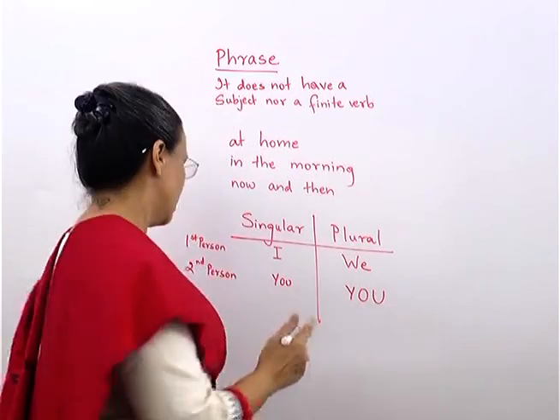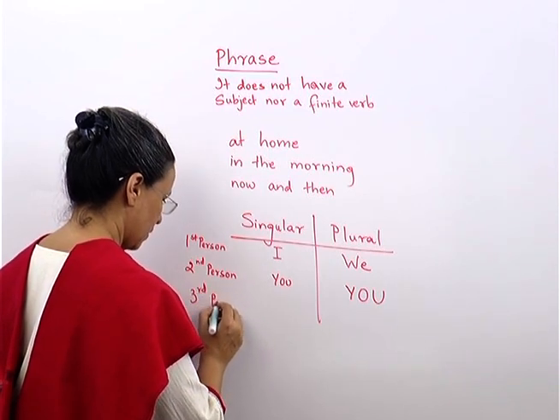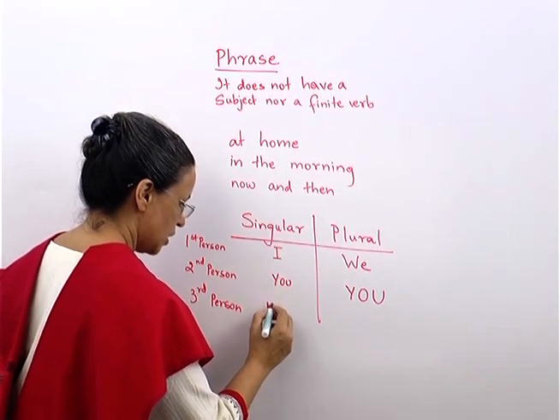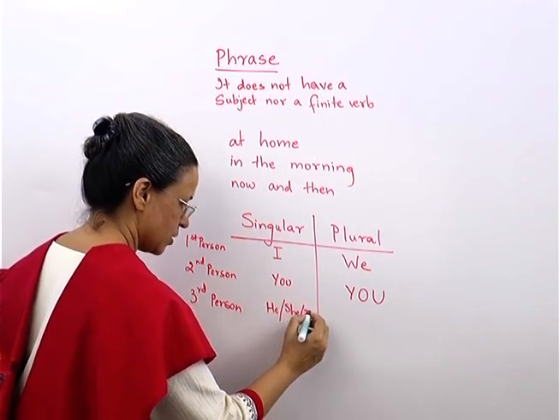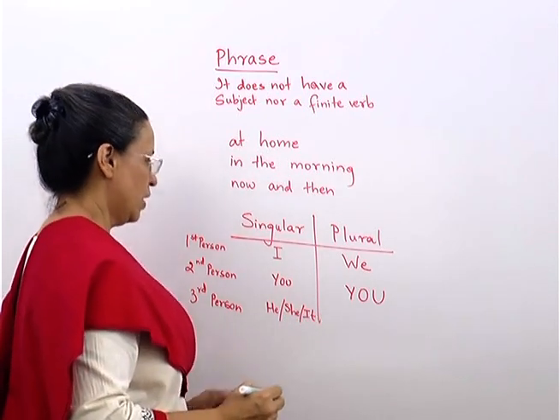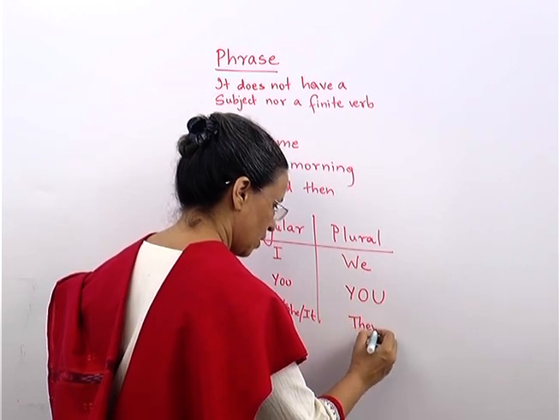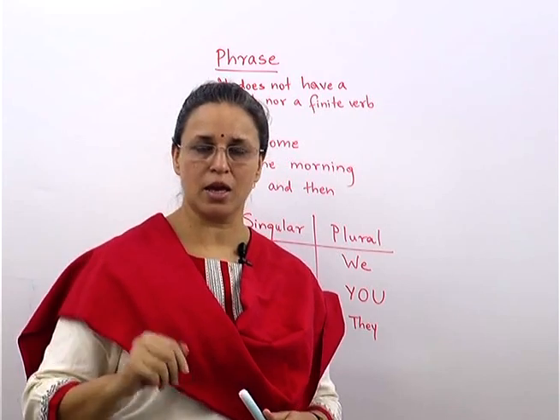Okay. Third person singular, we write he, she or it. And for plural, we write they. Suppose he and his brother came. So that means they came.